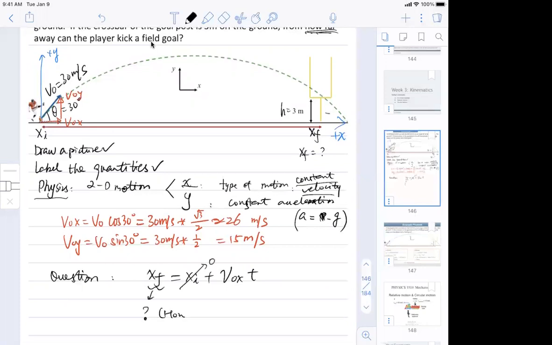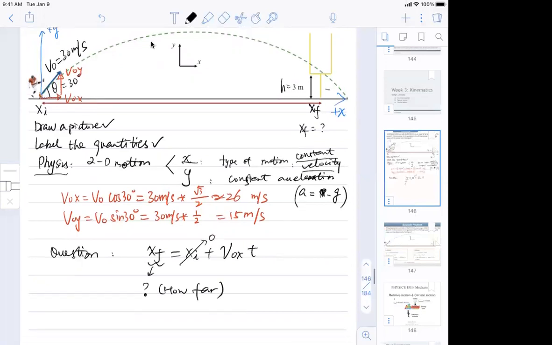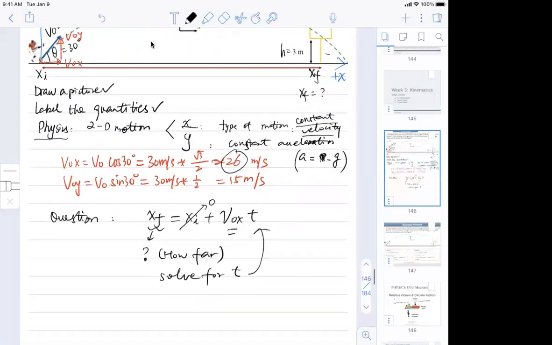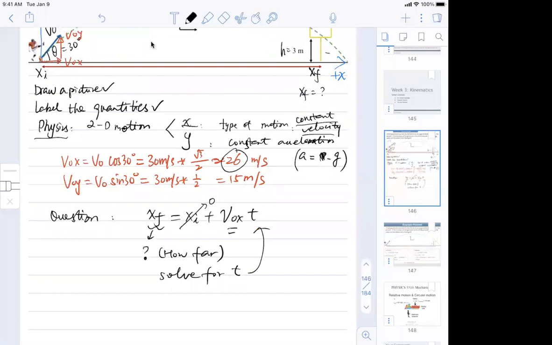We know V naught x, so now we just need to solve for t, and we can plug it back into this equation. We don't know the time, but we still have information in the y direction that we have not used yet.